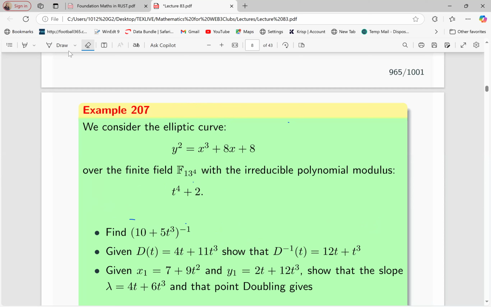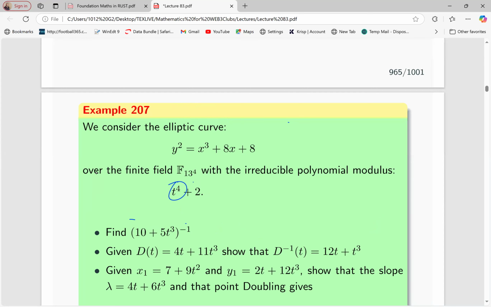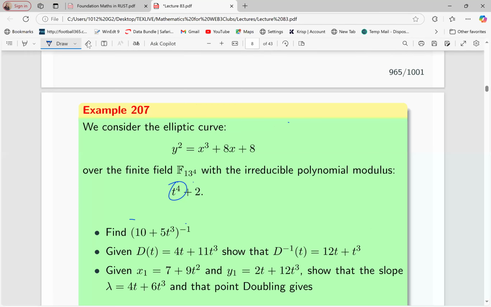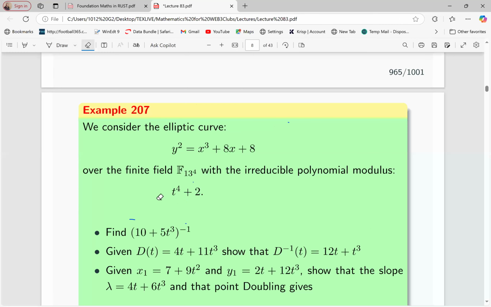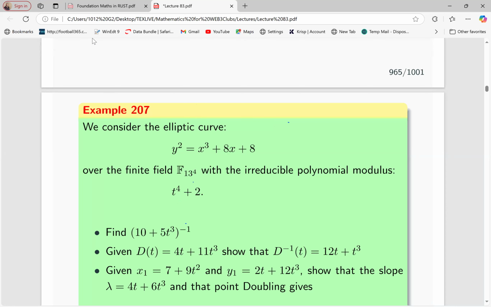In our case, the embedding degree was 4, and you can see it there. So any power that goes beyond the embedding degree must be reduced. You give your code that polynomial to do that.